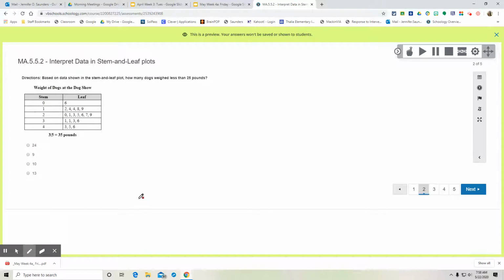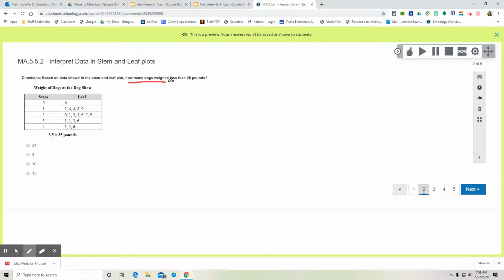Okay, this is number 2. Based on data shown in the stem and leaf plot, how many dogs weighed less than 25 pounds? So again, I'm always going to look at this to make sure with my title, the weight of dogs at the dog show, and I go to my key. And again, it's separated into 10s on the stem side, and on the leaf side, those are going to be 1s.